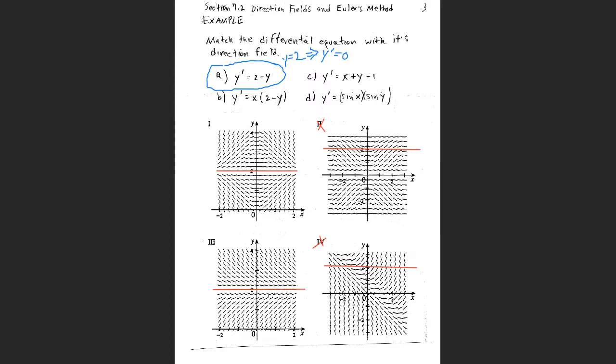So now we'll look at B. Okay, what are the equilibrium solutions for choice B?